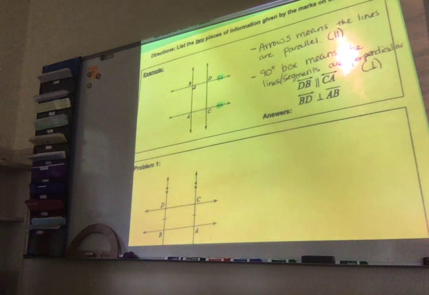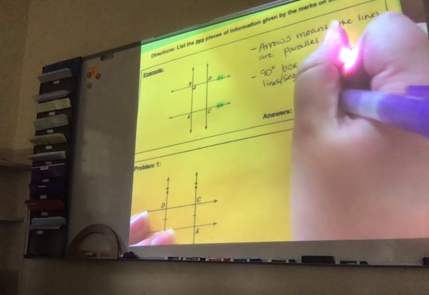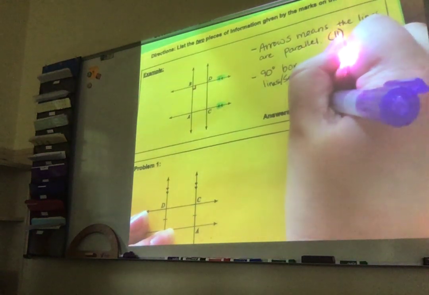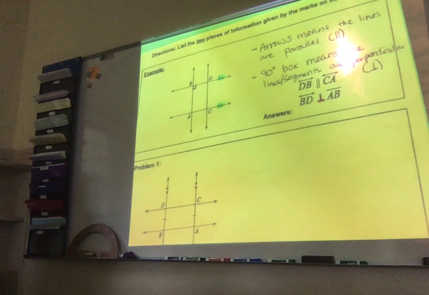So it might also be helpful to highlight the symbols associated with them.